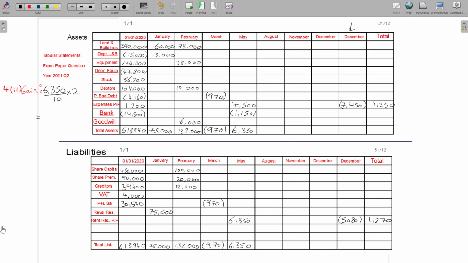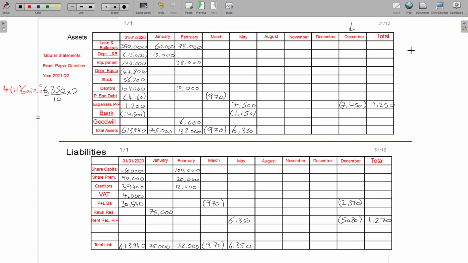Yeah. So the rest of that money, the difference between 5,080 and 7,450 will go into the profit and loss account. So that means that 2,370 going down. Why is it going down?